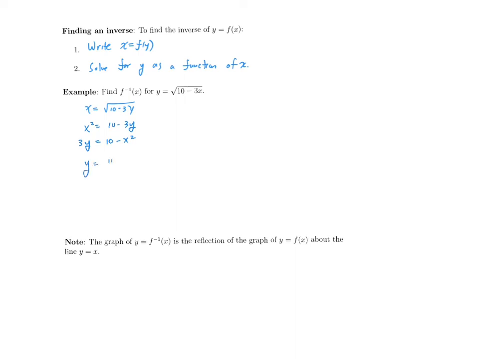So this would be 10 minus x squared over 3. And this quantity that y is equal to represents the function f inverse of x. So our conclusion, the function we've been asked to find, f inverse of x, is equal to 10 thirds minus x squared over 3.